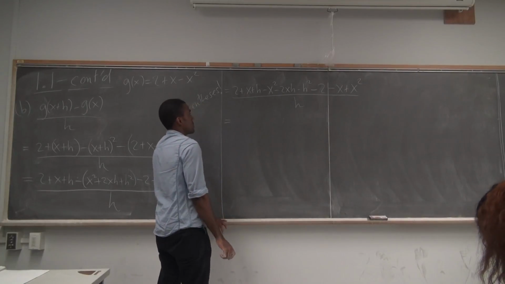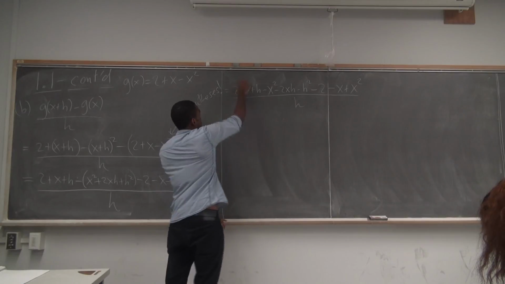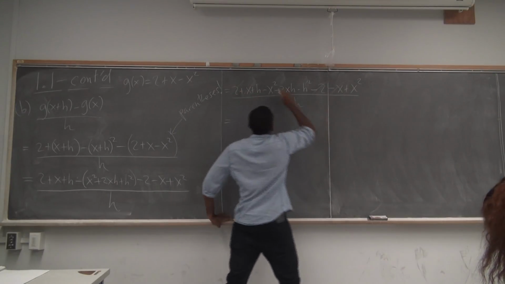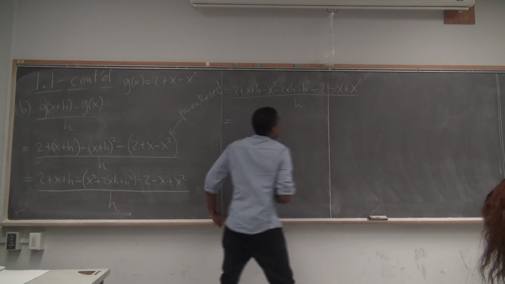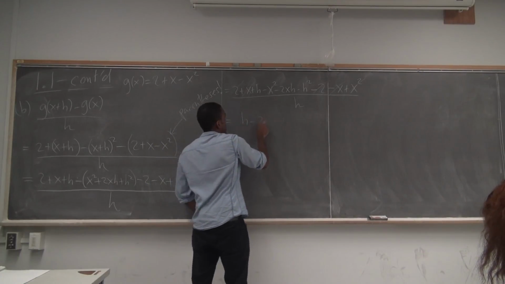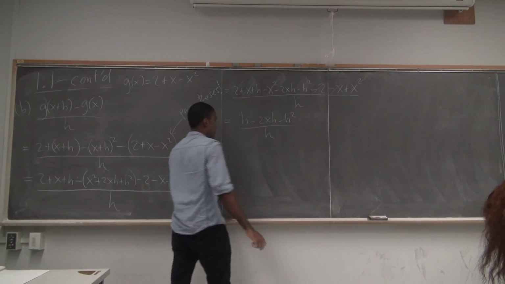Now what? Combine like terms, so 2 kills the 2, x kills the x, and the x squares cancel as well. What do we have left? h minus 2xh minus h squared all over h.